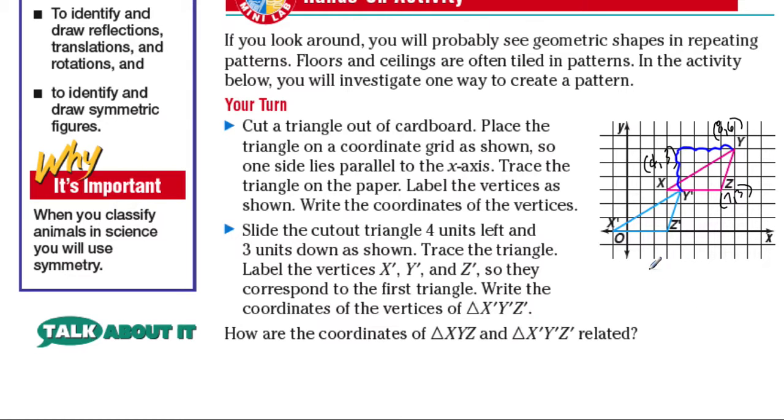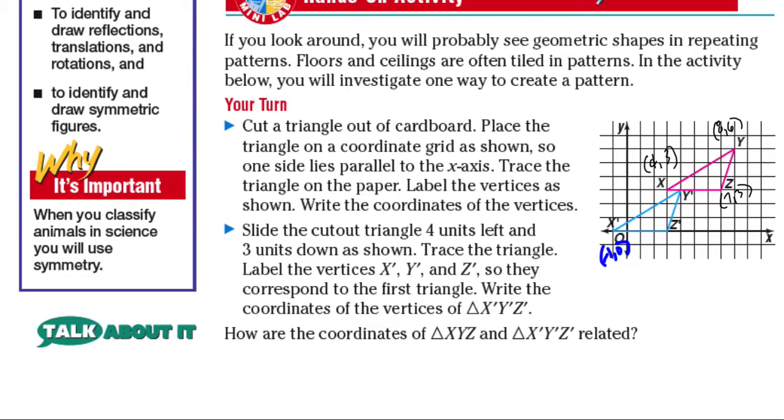After that we trace the triangle and we end up with our blue triangle. We label the vertices x prime, y prime, and z prime, so they correspond to the first triangle. Write the coordinates of the vertices of x prime, y prime, and z prime. So let's do that now. X prime is negative 1, 0. Let's continue with the blue.